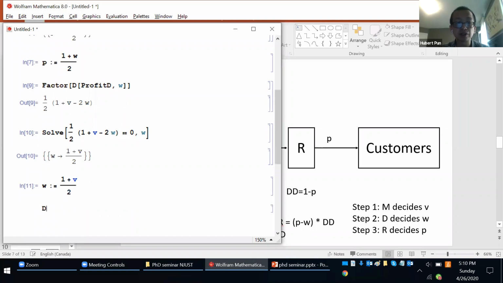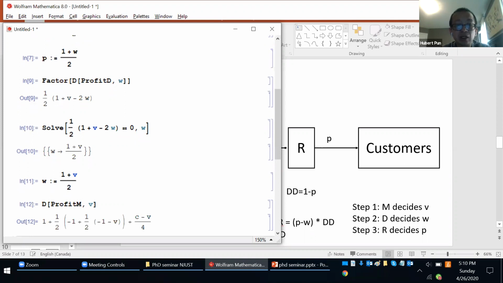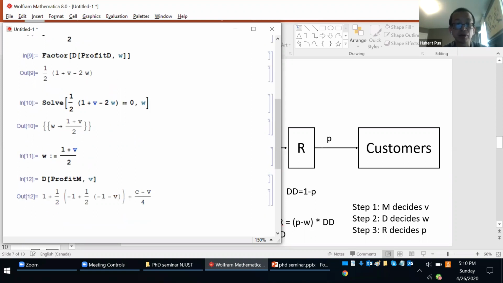So we want to take the derivative of profit M with respect to V. And then if we do shift enter, we have a long expression. Then just to make it simple, there is a command in Mathematica that simply does the factor. Okay, so we can go back and do the shift enter again, and we have this value.